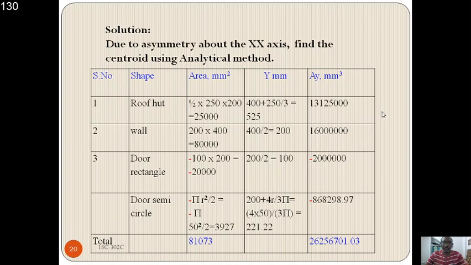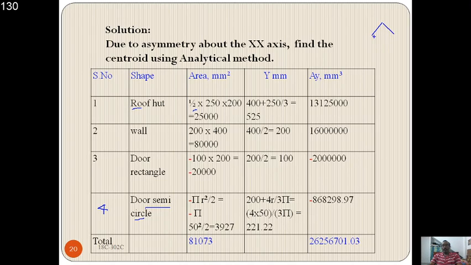First is to determine the centroid. As per the notation, 1, 2, 3 and 4, the semicircle is the fourth part. The roof is an isosceles triangle, hence use the formula BH/2 for the area, and y bar has been taken from the bottom.